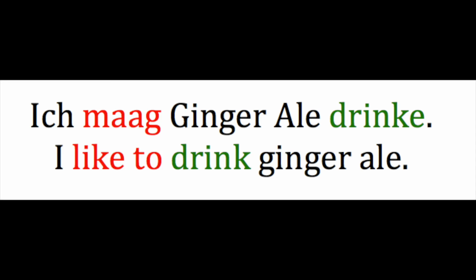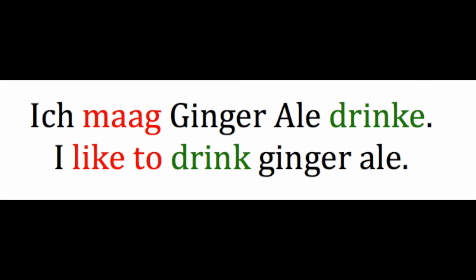Here's another example with mege. I like to drink ginger ale. Pennsylvania Dutch, conjugate the modal, put the verb at the end. Ich mag ginger ale drinken. Another common mistake people make is, when you look at the verb that goes at the end, it's always in what's known as the infinitive. That's the E ending.